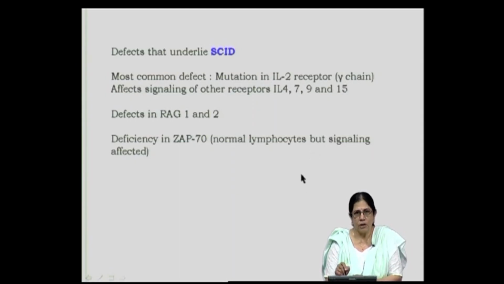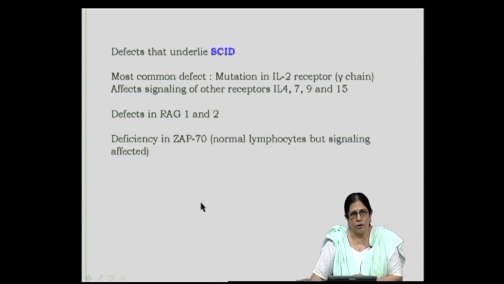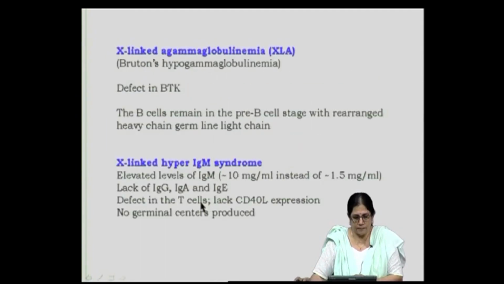So there are lymphocytes which develop normally, but because of the lack of ZAP70, the signaling event is very much curtailed. There are Src kinases of course, but the importance of ZAP70, or the Syk kinases, becomes very apparent because of the description of these deficiencies. So there are normal lymphocytes, but signaling is affected, and therefore mounting an immune response to the optimum level is compromised in these individuals.